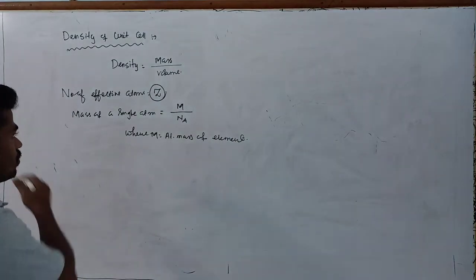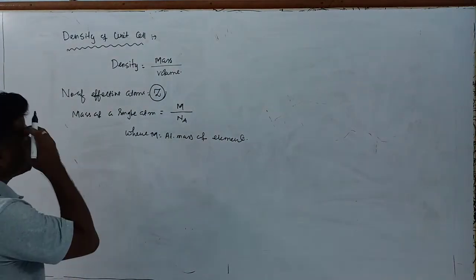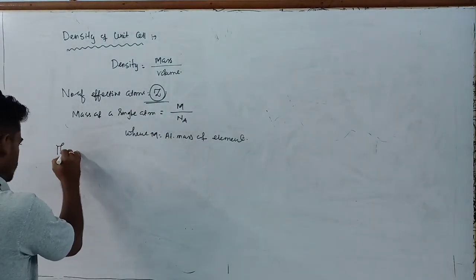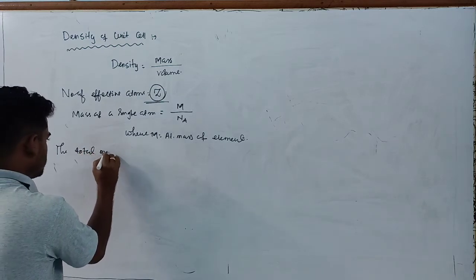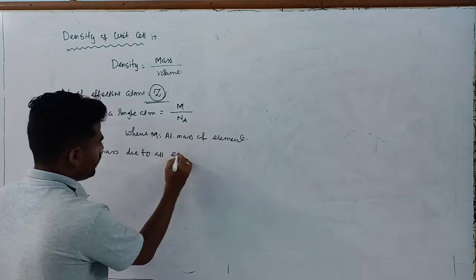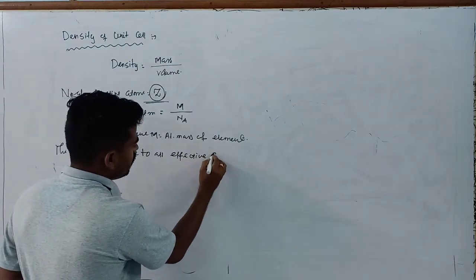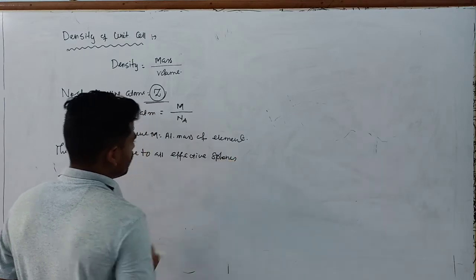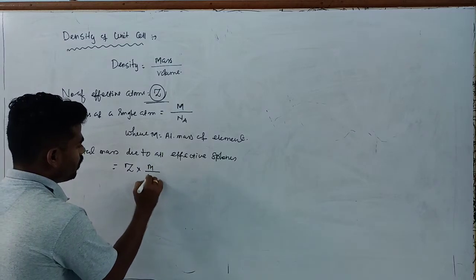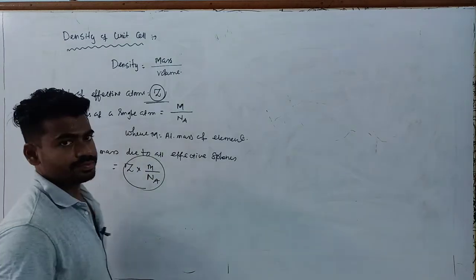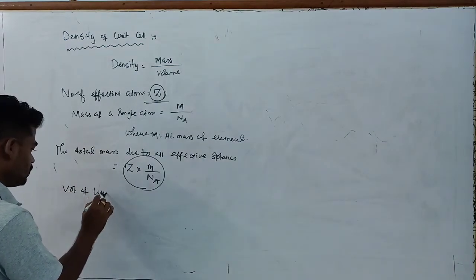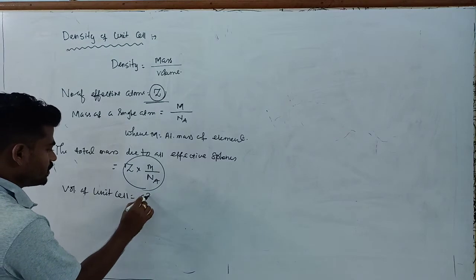Clear? So the total mass of the unit cell, due to all effective spheres or effective atoms, will be equal to Z into m upon Na. This is the mass. Clear? And the volume of unit cell, you know, that is a cube.